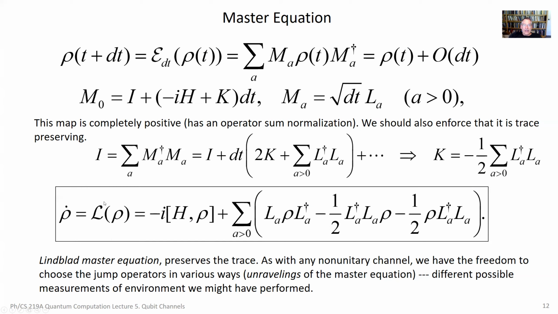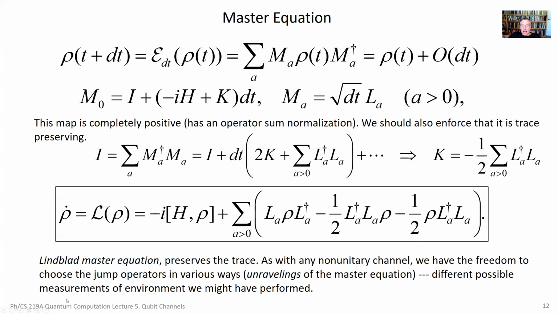And what's in there? Well, we have a contribution from M0, which is going to produce a commutator of the Hamiltonian with the density operator rho, because when we have M0 in front of rho and M0 adjoint after rho, I get a minus iH rho from M0 times rho in order dt, but I also get a rho iH times dt from the rho M0 adjoint term, and all the other terms are higher order in dt.